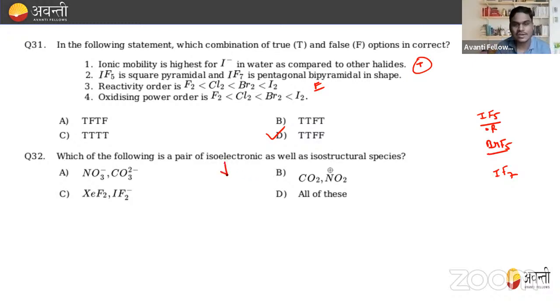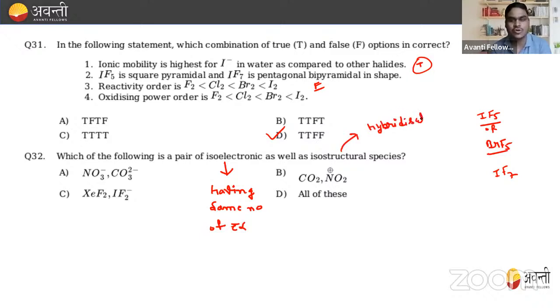Isoelectronic means having the same number of electrons, and isostructural means having the same hybridization.